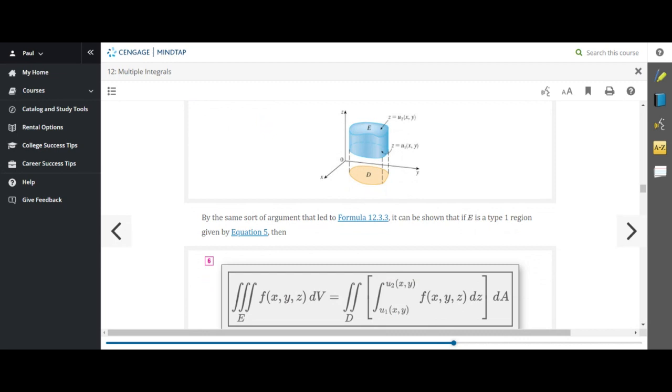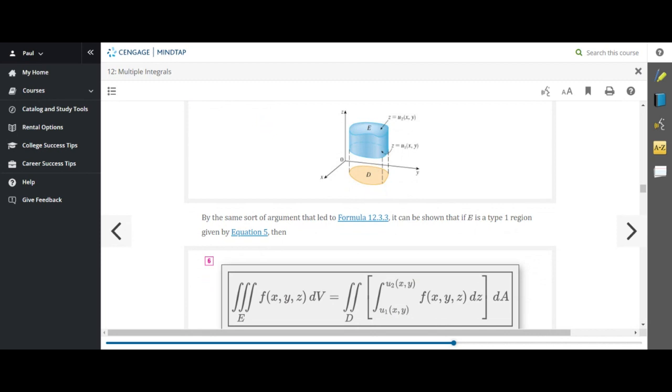So you see, the triple integral, the first integral goes from a top surface to a bottom surface, if it's a type 1 region. The solid is bounded above and below by a surface. The bottom surface is given by the function u1 of x, y. The top surface is given by the function u2 of x, y.